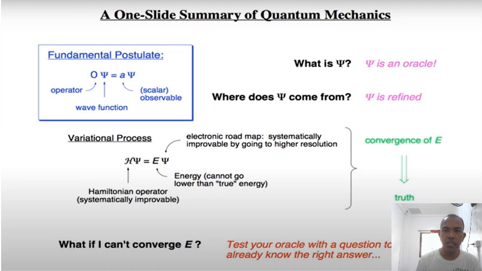And in fact, where do we get these wave functions? Well, as theoreticians or computational chemists, we refine them. And the process of refinement is a variation process.